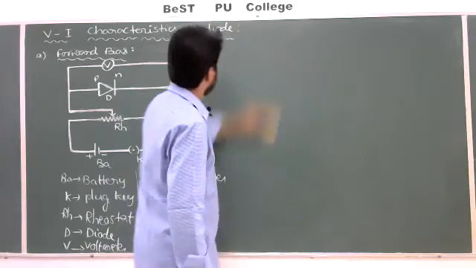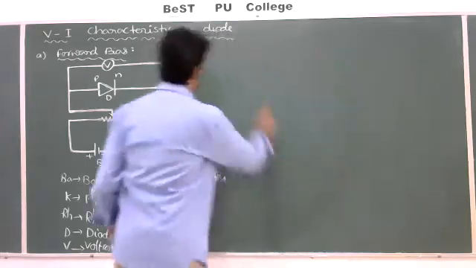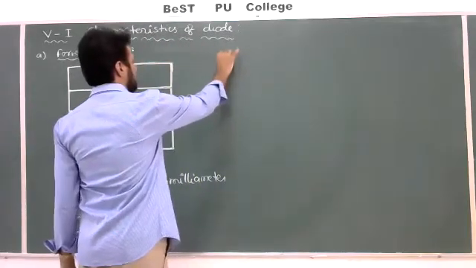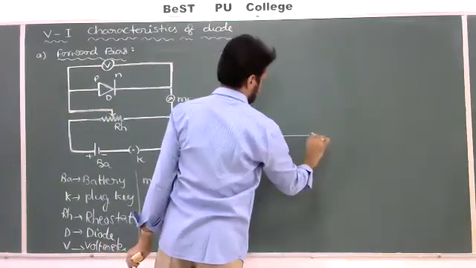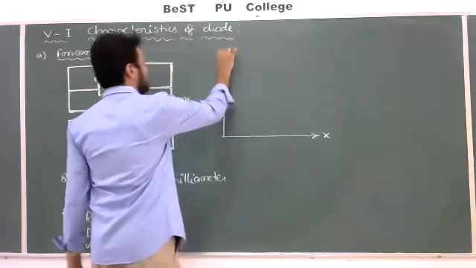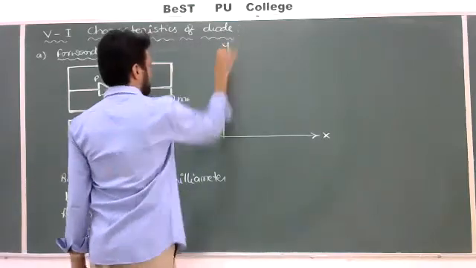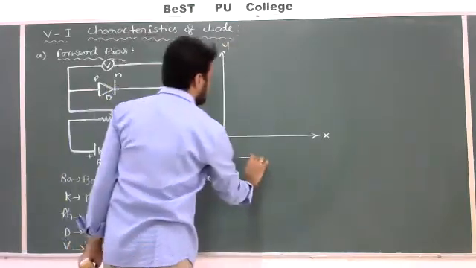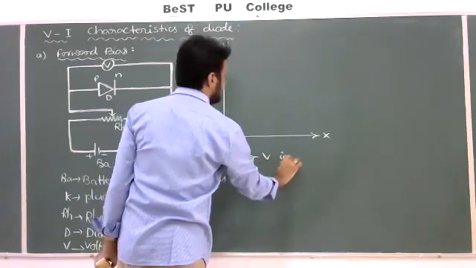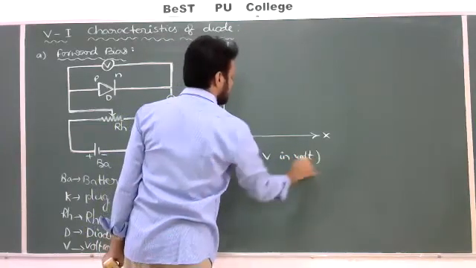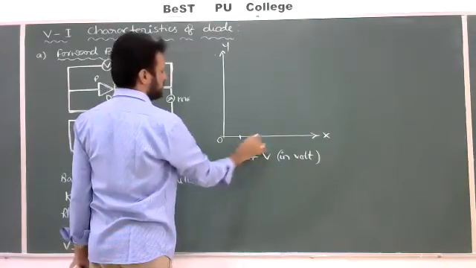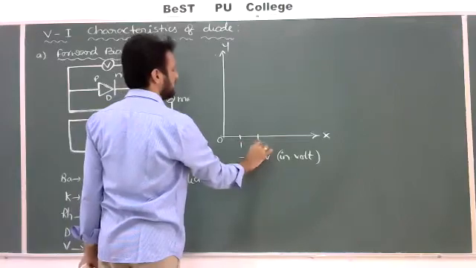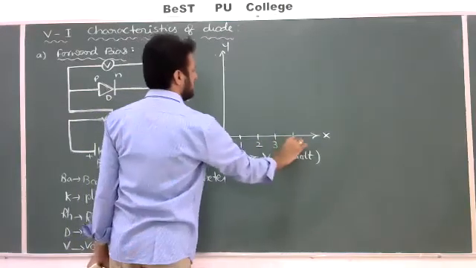Now, how to draw the graph, check here. One graph will be drawn here. This is the y-axis, this is the origin. On the x-axis I'll take applied voltage V in volts, like 0.1 and so on, or 1 volt, 2 volt, 3, 4 and so on.